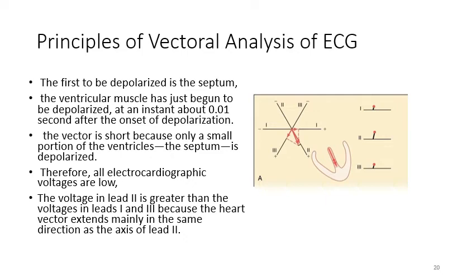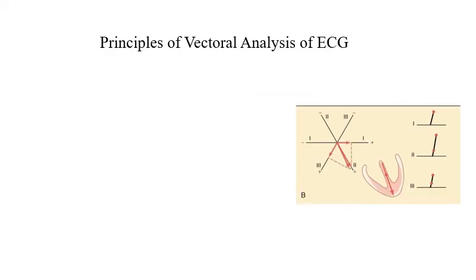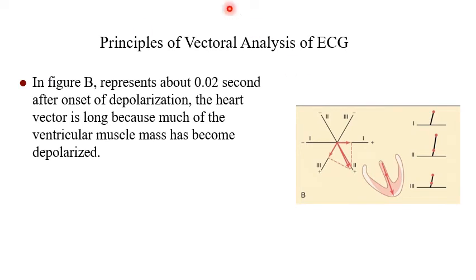Okay, so this is the first instance in the depolarization of the ventricles. Now, at 0.02 second after onset of depolarization, you will notice that much of the ventricular septum and a good part of the ventricles has started depolarization. So the instantaneous cardiac vector is longer.